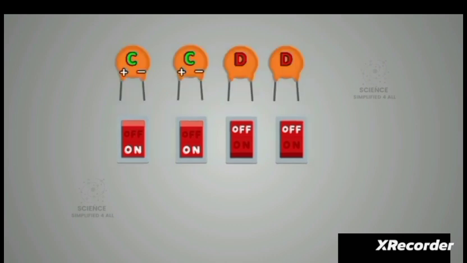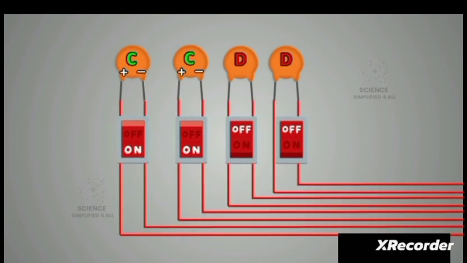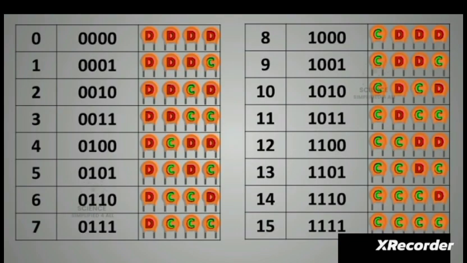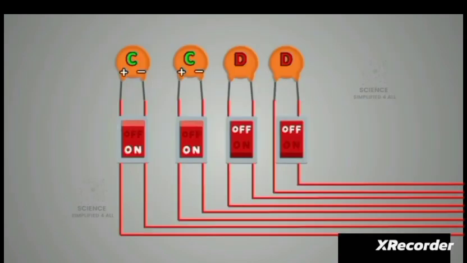We can simply connect an electrical circuit, and it can detect which capacitors are charged and which are not. That means the numbers stored in these capacitors can be read directly by a circuit. In short, these capacitors can be used to store any number between 0 and 15, and we can read that number whenever needed.